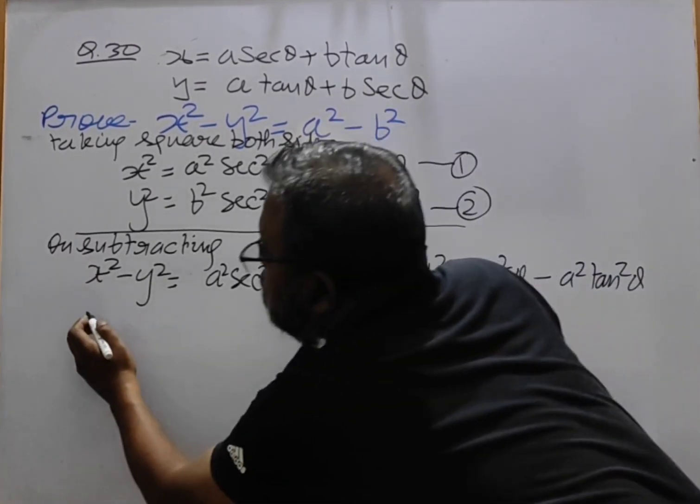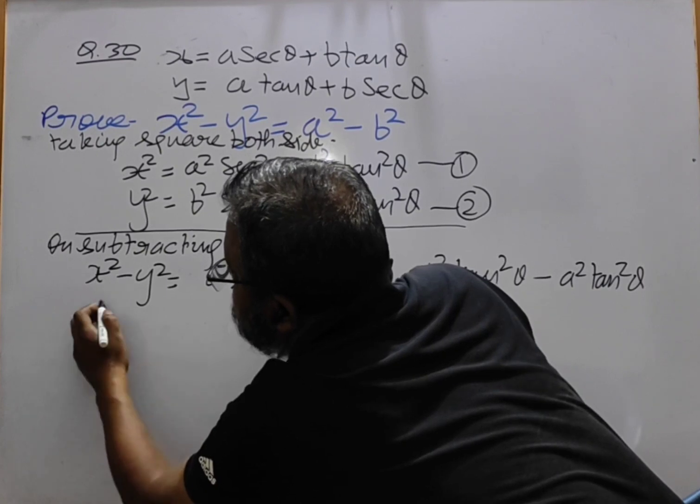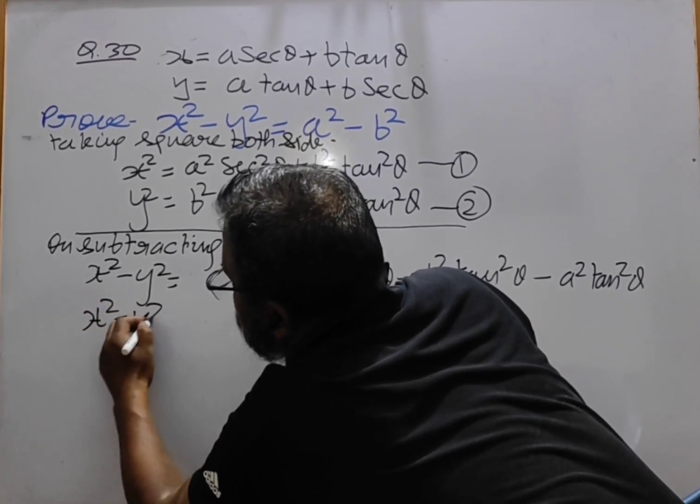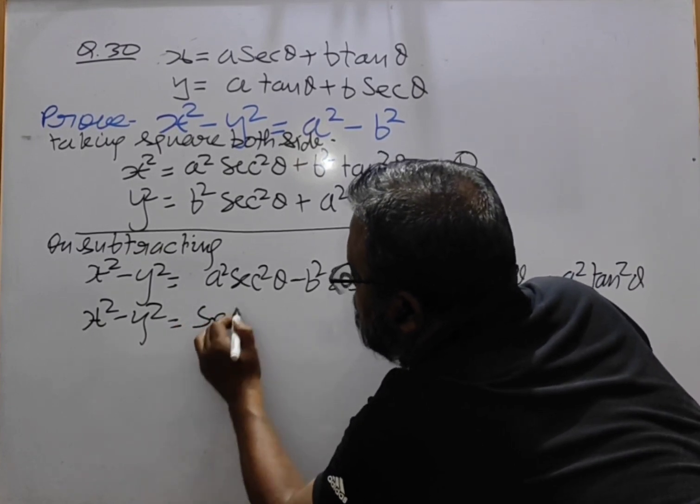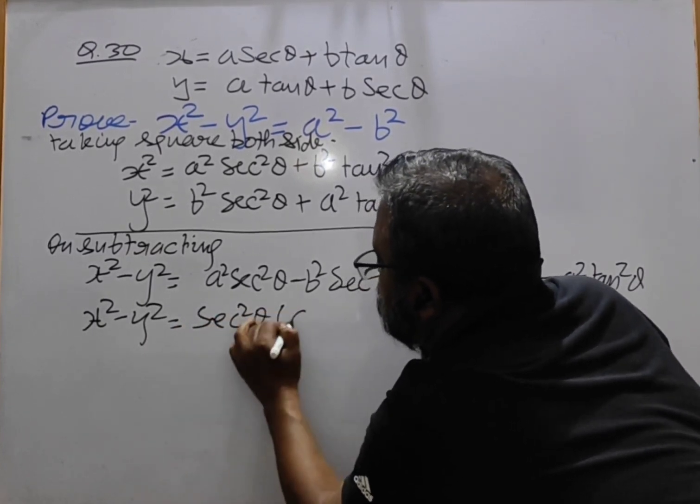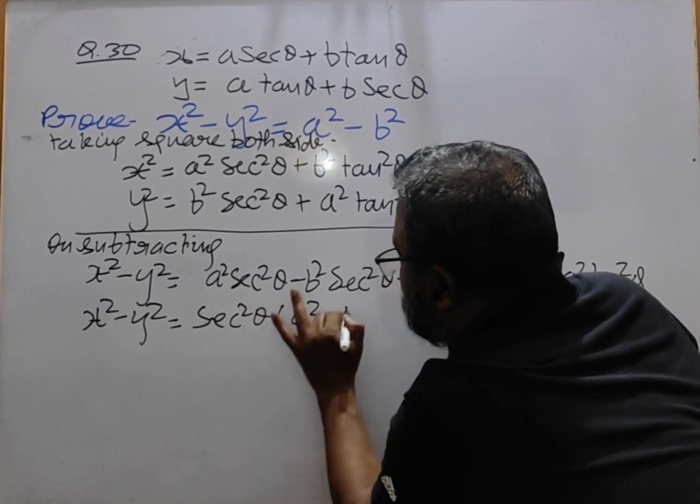So x square minus y square is equal to sec square theta, we have taken as common, it becomes a square minus b square.